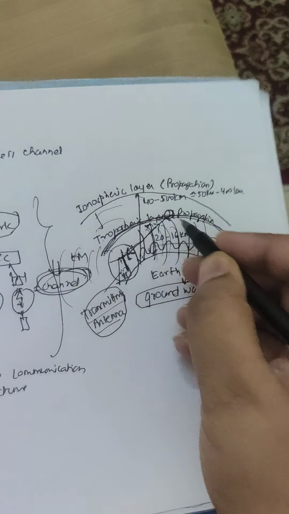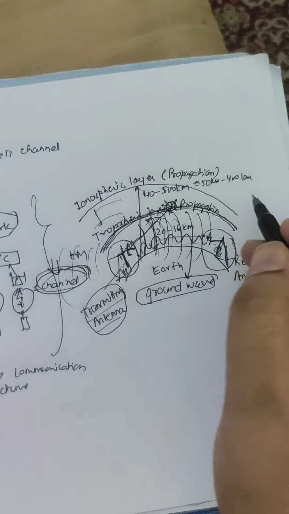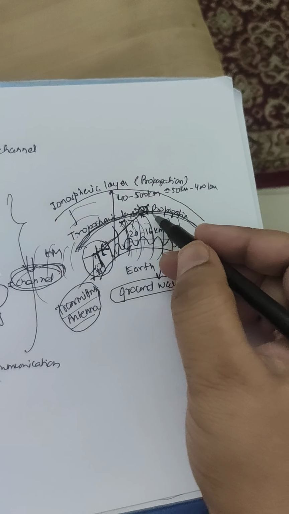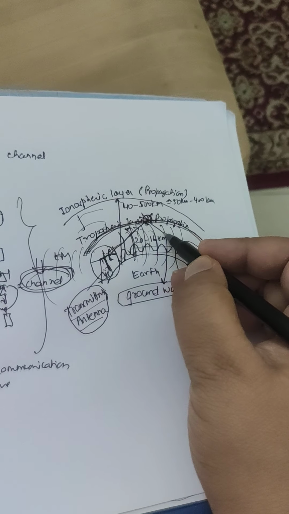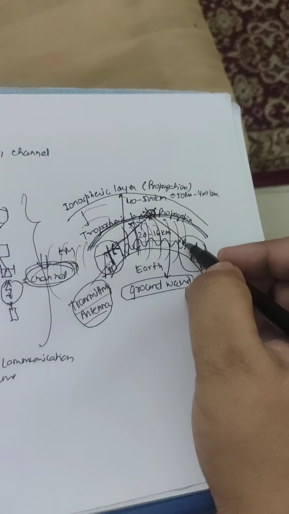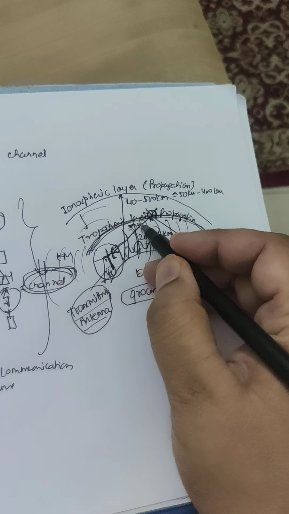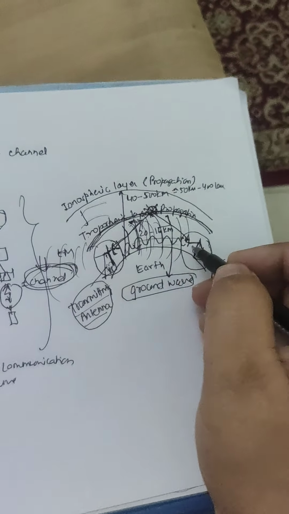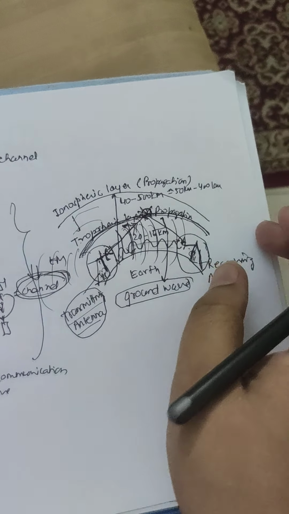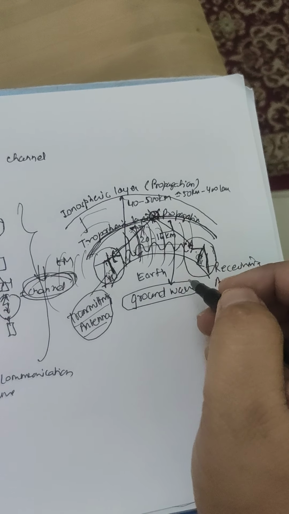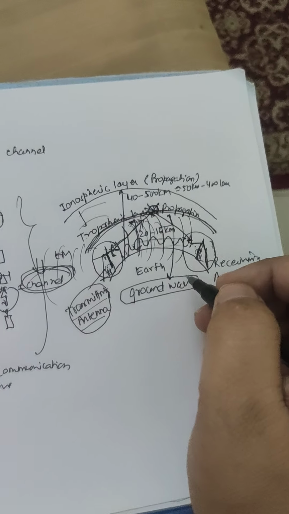I mark this, and it reflects back towards the receiver end. This is going this way, and this is coming back towards the receiver end.